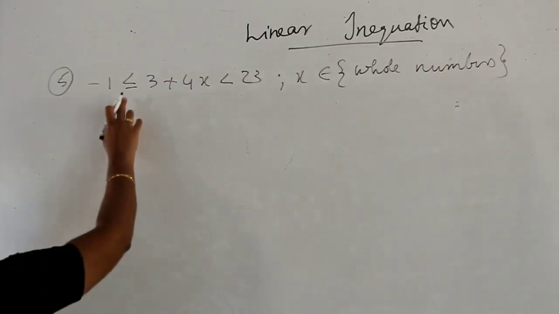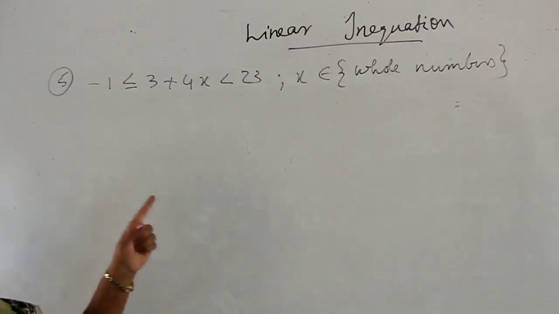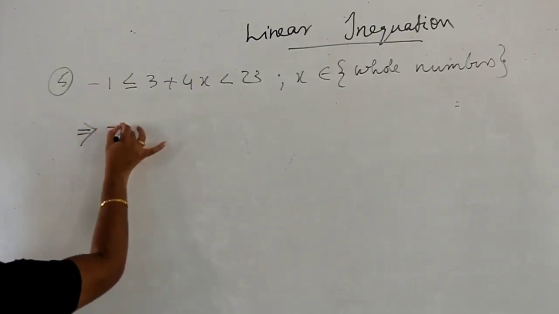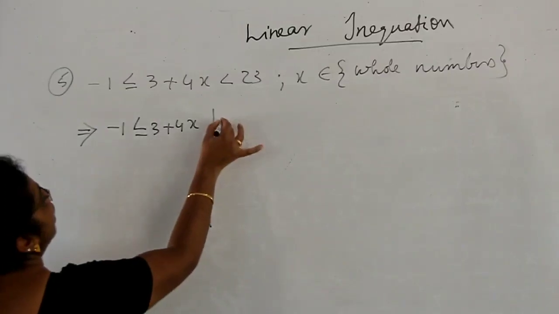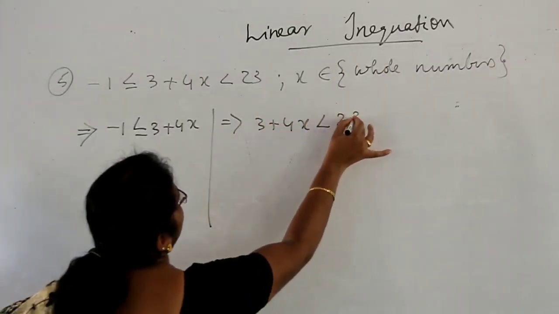Here you see two inequation signs, two signs of inequality. So this one is called a double linear inequation. First we will split this inequation into two simple inequations. So we can split this into minus 1 less than or equal to 3 plus 4x, and next one 3 plus 4x less than 23.